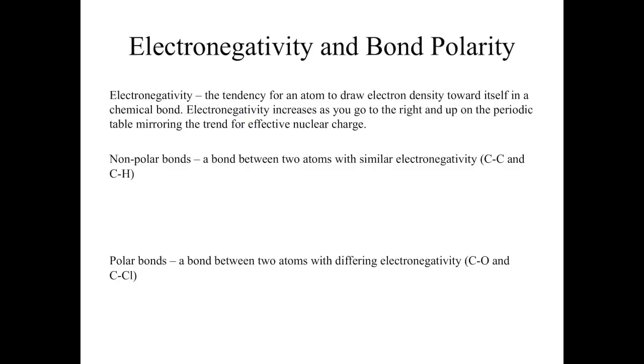So if we start, the first thing that we have to introduce is this idea of electronegativity. When we think about a covalent bond, we spoke about this in our last class. The idea of a covalent bond is that two atoms share electrons. The reason for the sharing of electrons is so that the atoms can place electron density in between the two nuclei, so atoms can move toward having this ideal electron configuration.